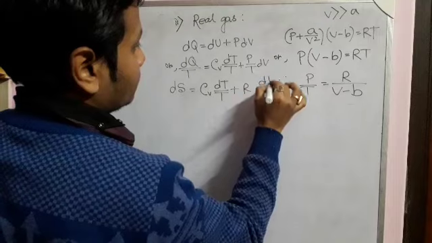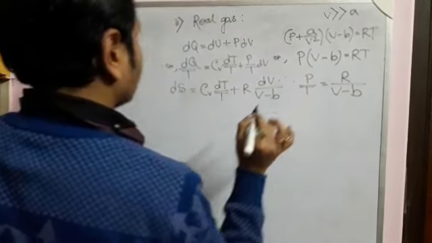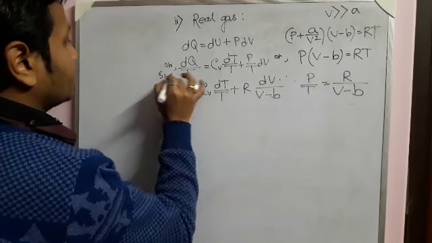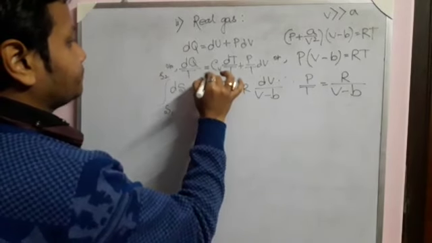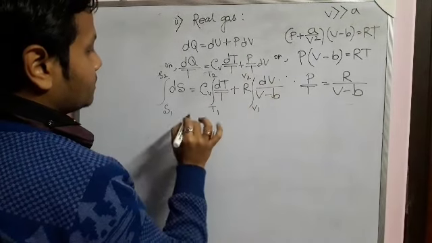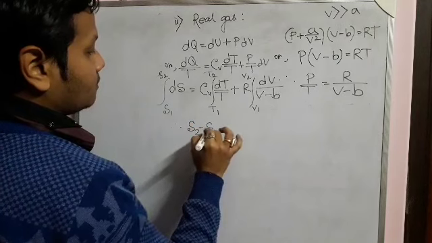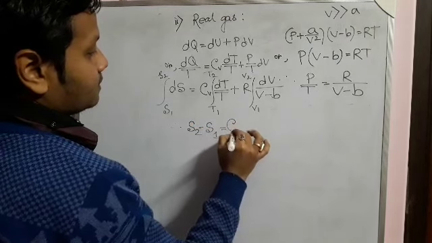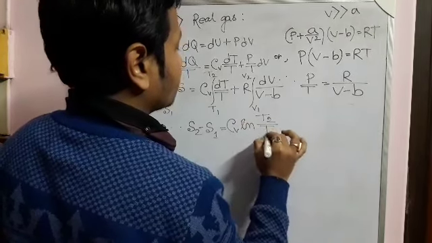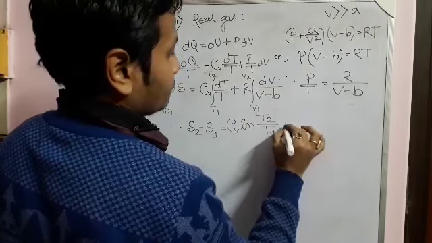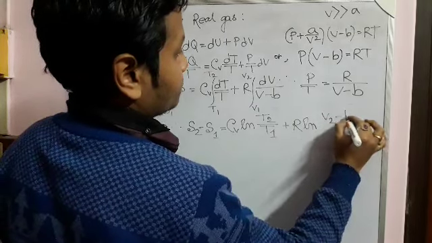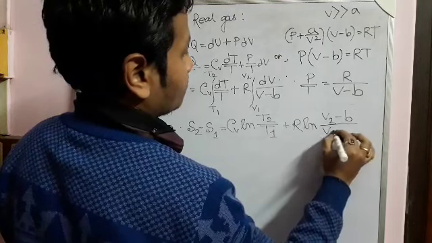R into dv by V. So just integrate over the initial and final states. So what we get? This is simply S2 minus S1, equal to Cv ln T2 upon T1 plus R ln V2 minus B by V1 minus B.